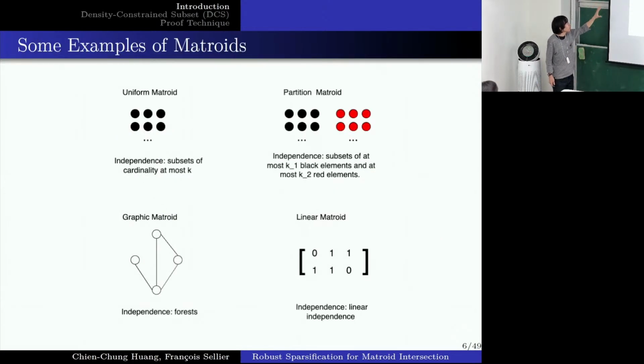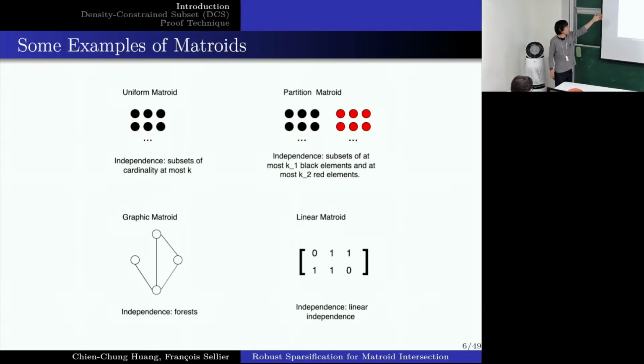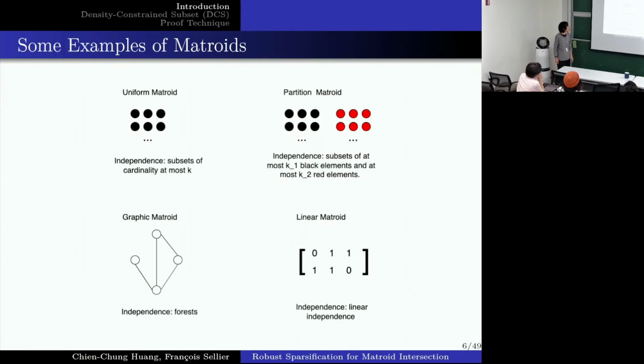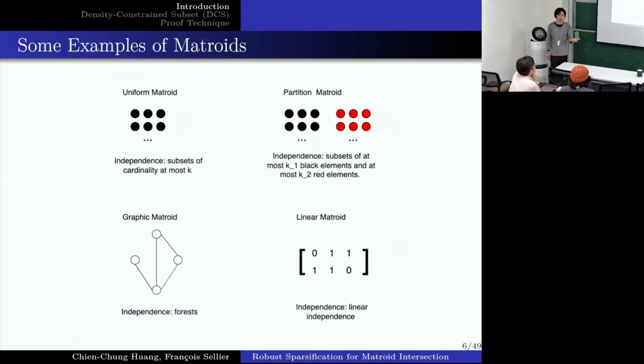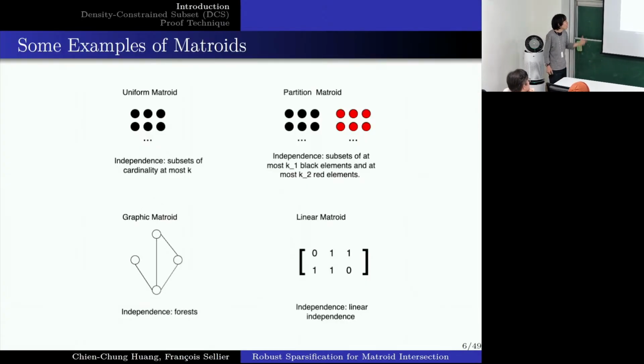These are some very well-known special cases of matroids in computer science. The first one is the easiest: the uniform matroid. If you have at most k elements, that's independent, otherwise not. A partition matroid is a little bit of a generalization. You can imagine the ground set having different colors. If you take at most k1 black elements, at most k2 red elements, and so on, then it's independent. But if you take more than k1 black elements, that's not independent. The third one is also very well known: the graphic matroid.